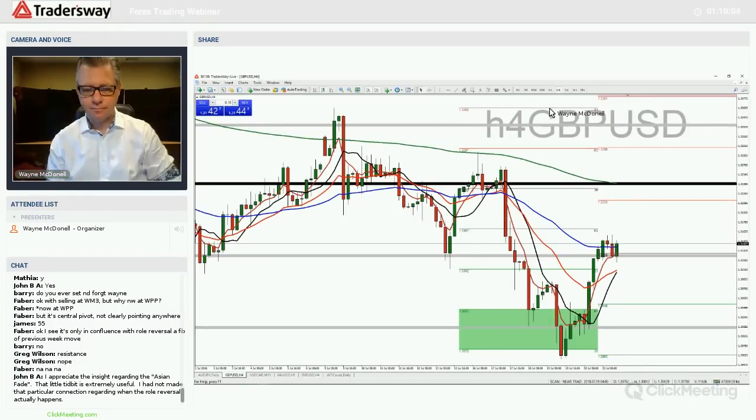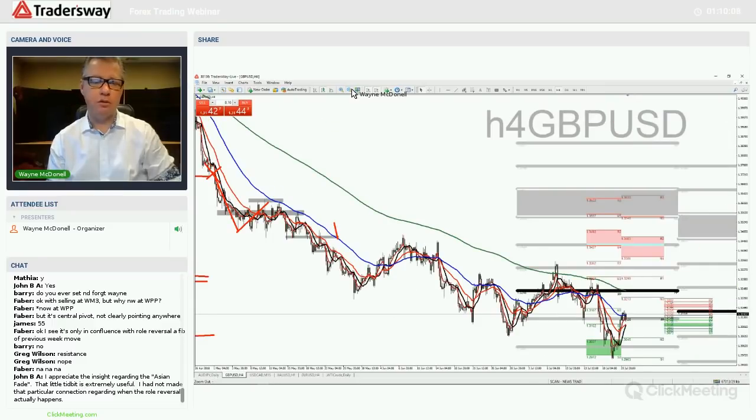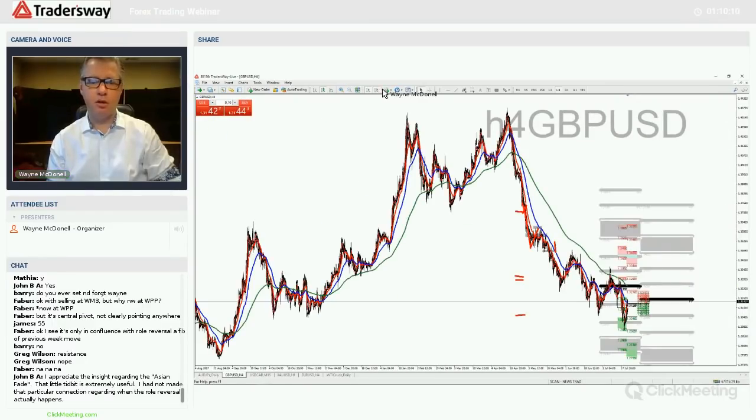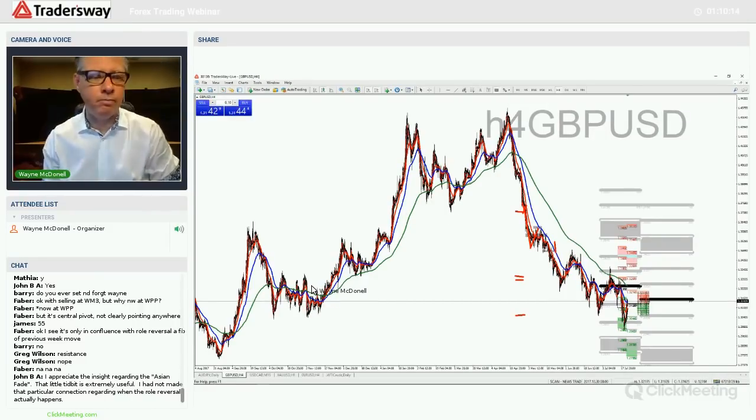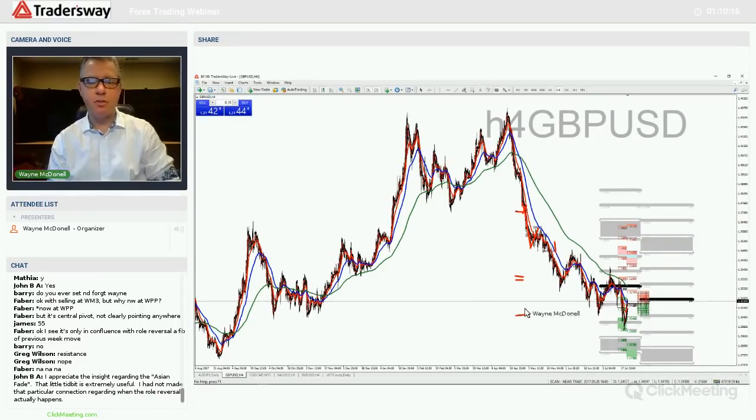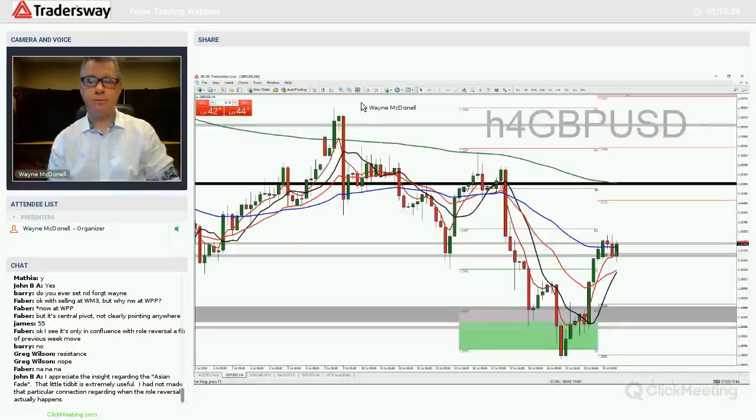All right. So I woke up, I was born in the world a bull. I'm a perma bull. So I'm looking for previous levels of support. Let's zoom in again.